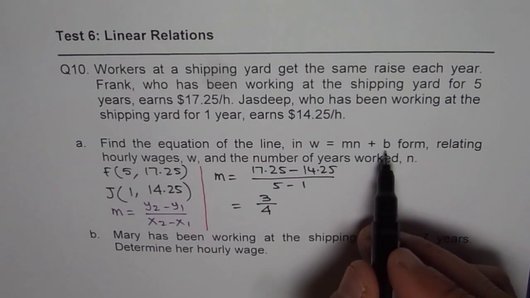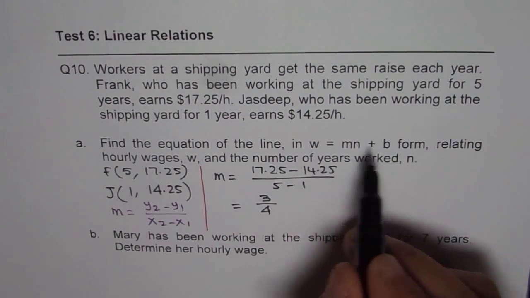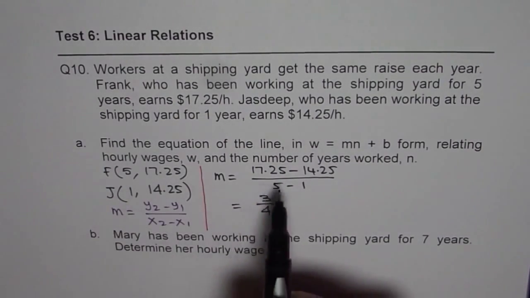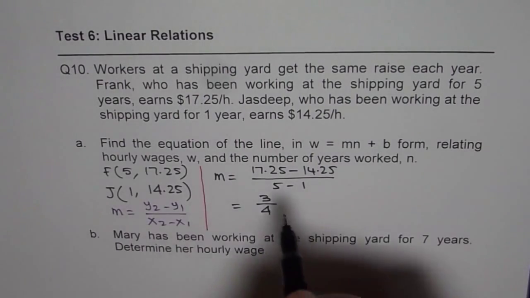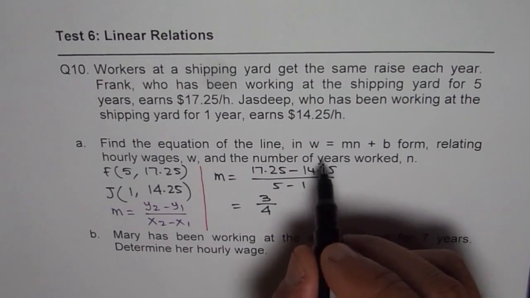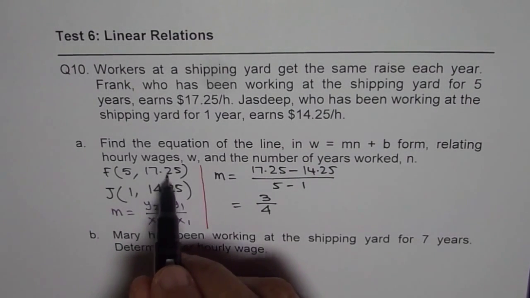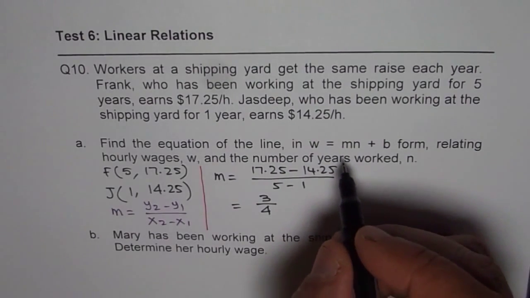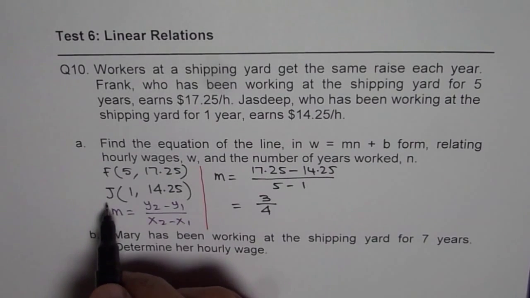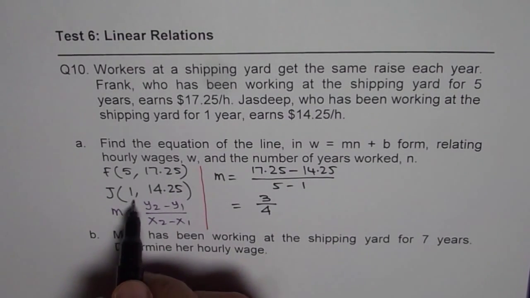To find the intercept, the W-intercept, the wages intercept, we can use one of these values. So if I substitute in my equation, W equals mn plus b, wages for Frank, 17.25, in fact, it will be better to use wages for Jasdeep, 14.25 and 1, for simpler calculations.